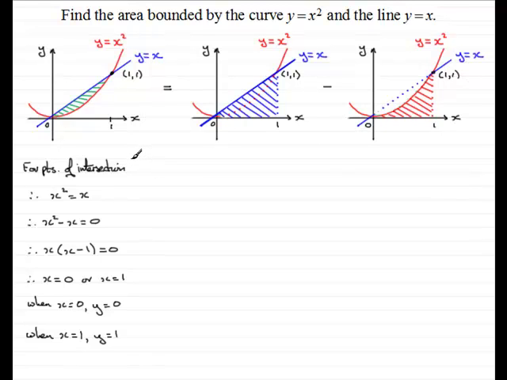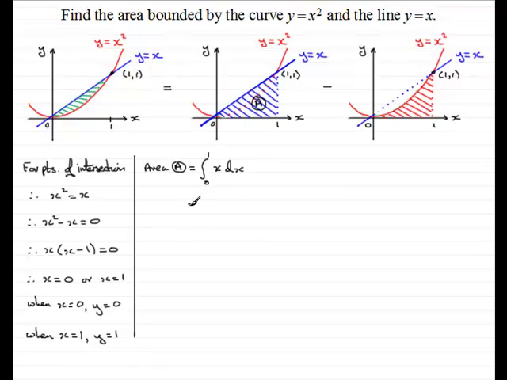So how do we go about finding these areas? There are several ways we could find this area here. Let's call it A. The standard way is to use integration, to integrate the equation of your curve with respect to x between the limits, in this case 0 to 1. Let me show you. The area of A equals the integral from 0 to 1 of x with respect to x.